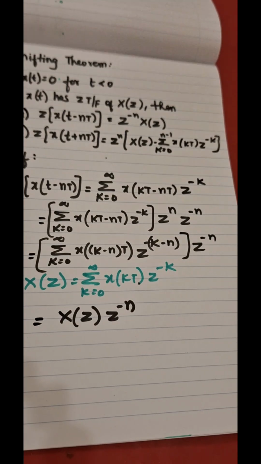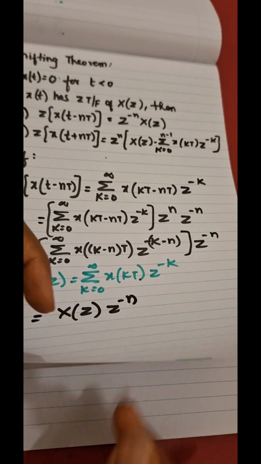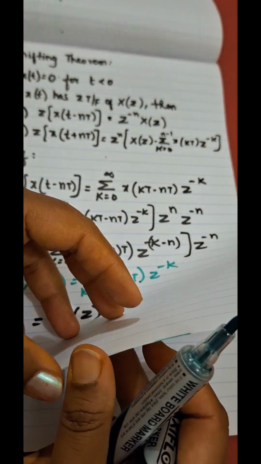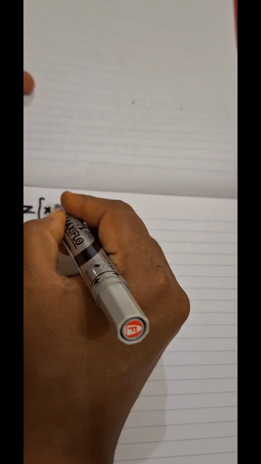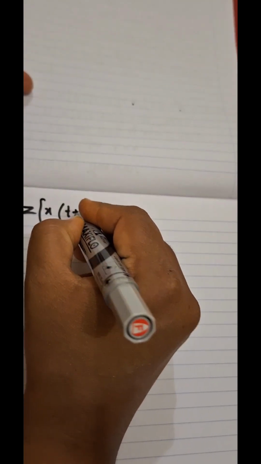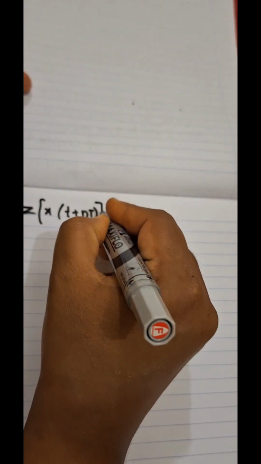Now the second statement. Coming to the second statement, it is talking about t plus nT. It is talking about the z transform of x of t plus nT, right?